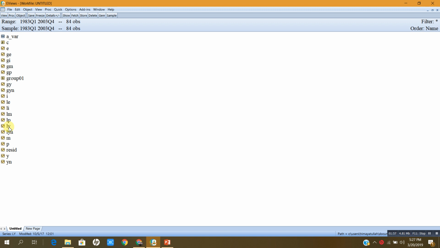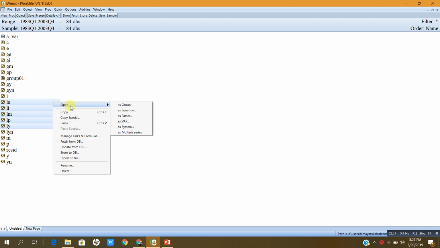But just for the sake of convenience, let me open those variables which are in log form. So I have log export, log imports, log money supply, log price level, and log real GDP. Let me open these variables as a group.